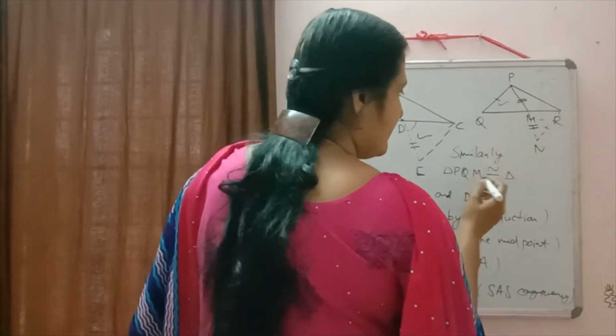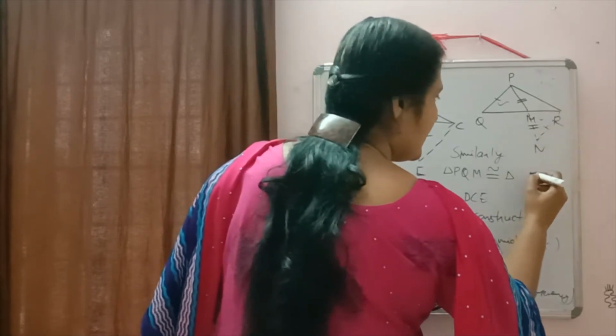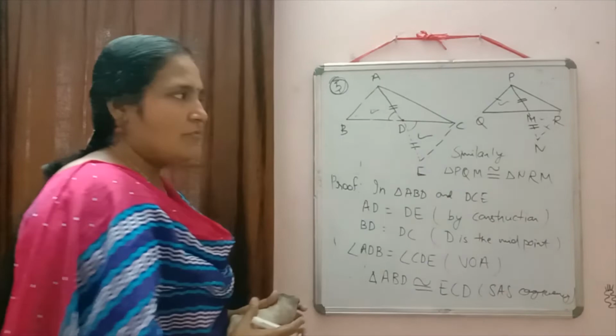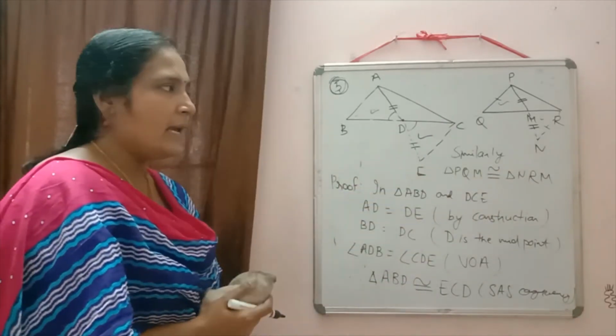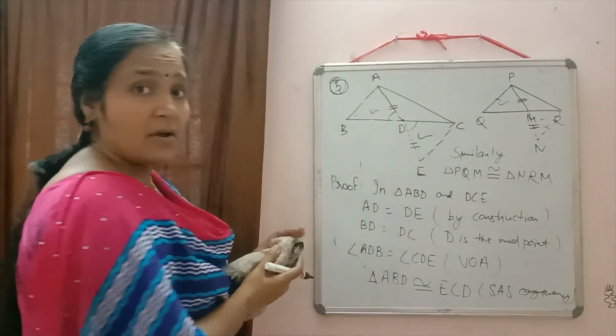RN. And QM is equal to MR. So R is in the center there. So NRM. So we will get triangle PQM congruent to triangle NRM. So we proved these two triangles are congruent.